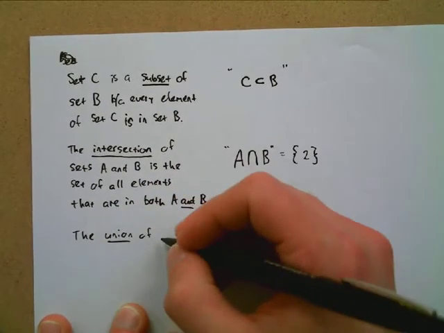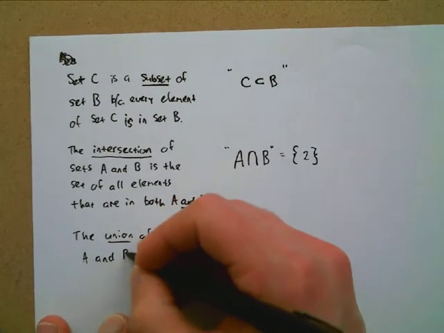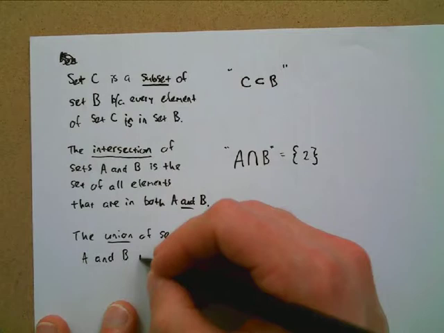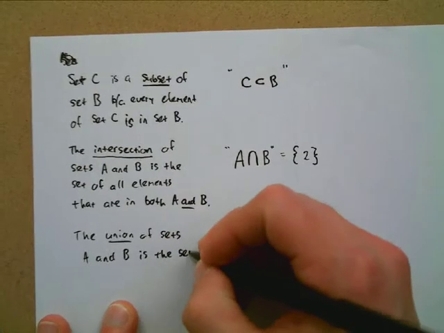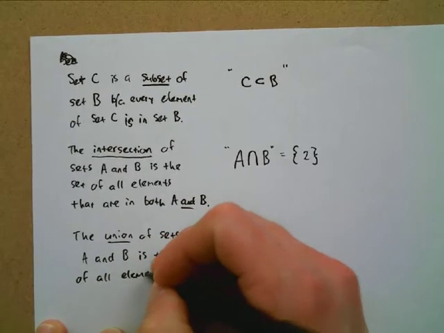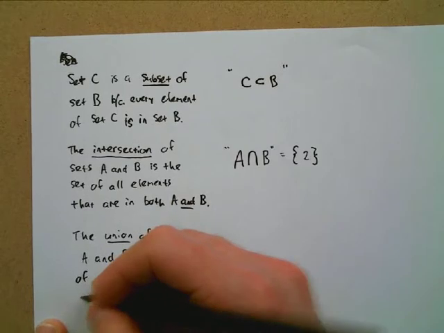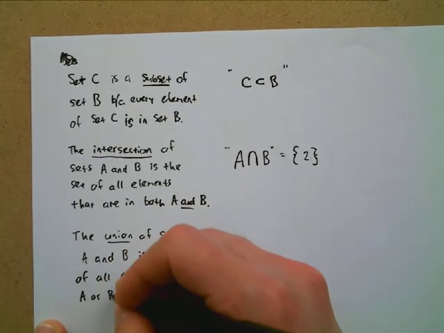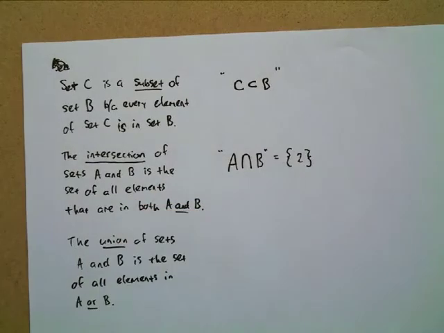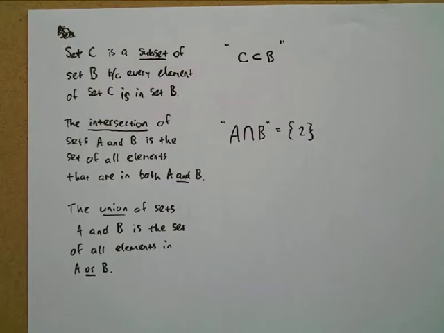The union of sets A and B is the set of all elements in A or B. So the intersection is the set of all elements in A and B; the union is the set of all elements in A or B. And you guys know what union looks like.